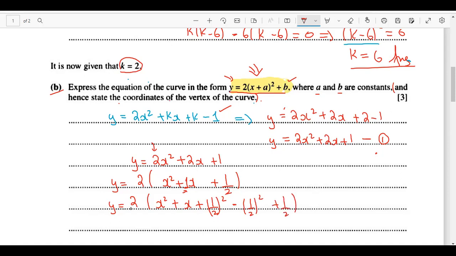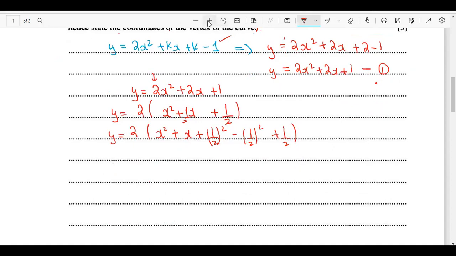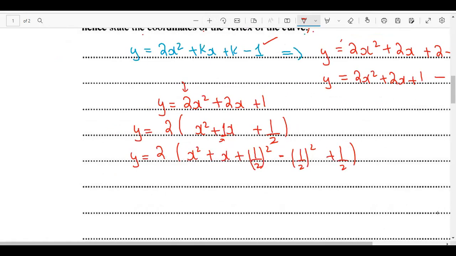We are almost done. Please pay attention. It's easy. It's not difficult. I'll explain again. Then this would give you y equals 2 common x plus 1 by 2 whole squared. I'll just use square brackets here. And then this would become minus 1 by 4 and then plus 1 by 2.